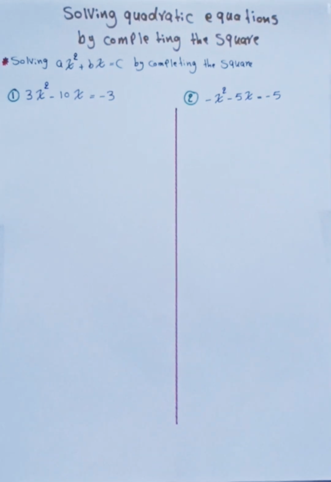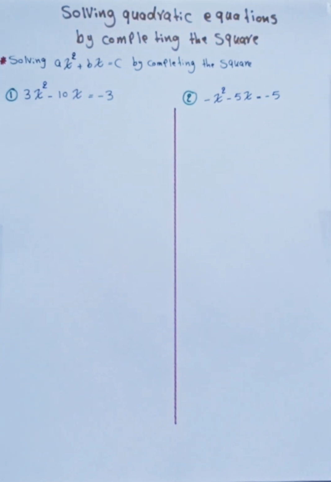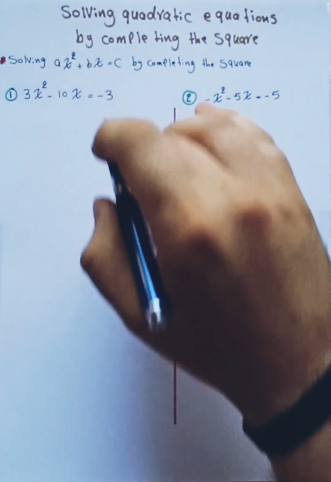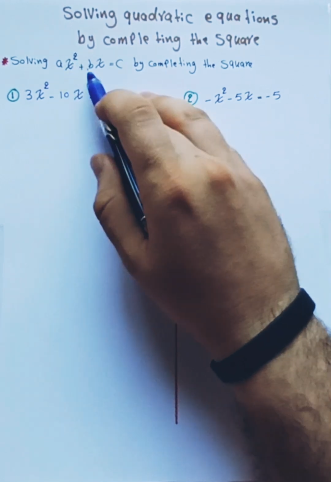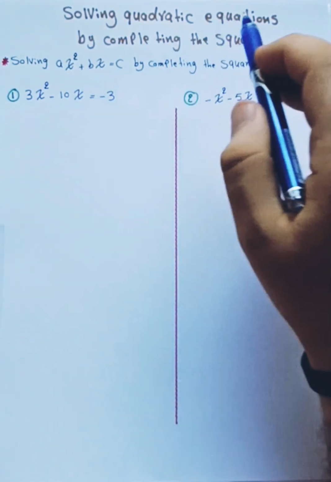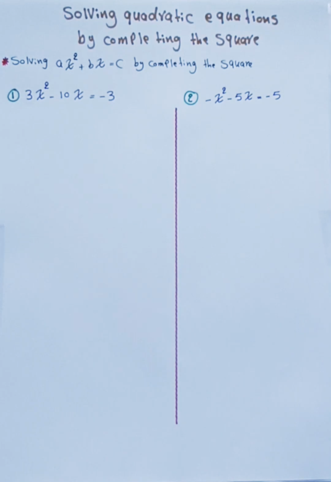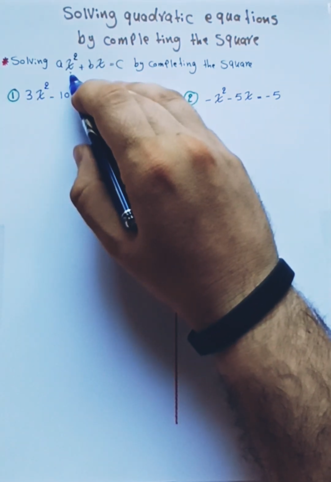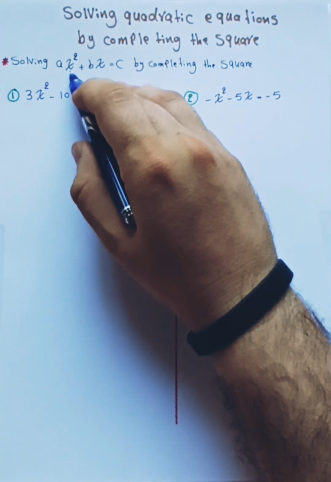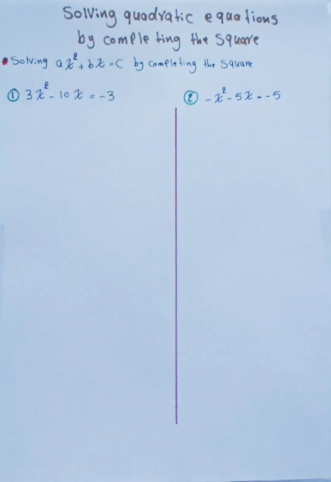In the last part of this lesson, I'm going to talk about solving an equation like this: ax squared plus bx equal to c by completing the square. First step, you have to get rid of this a and make this x squared stay alone.